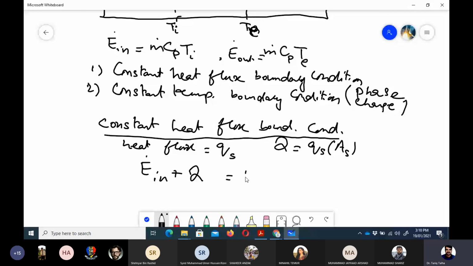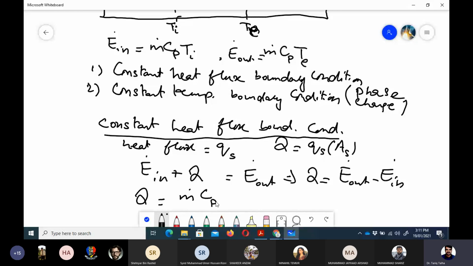So from here Q would be equal to E dot out minus E dot in. So here Q would be equal to m dot Cp (Te minus Ti), which we usually call m dot Cp delta T, right? So that is something which we know from our thermodynamics knowledge as well.